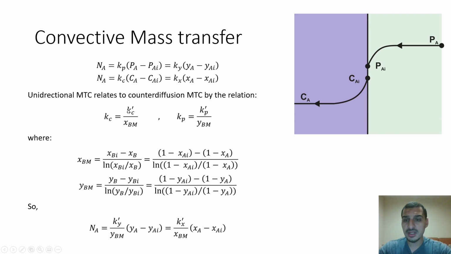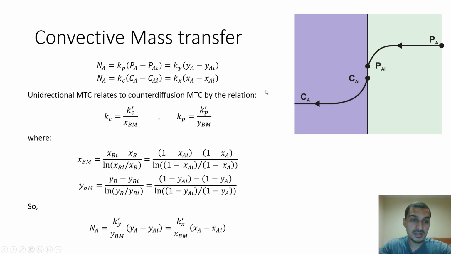So there is a relation that can relate the mass transfer for equimolar diffusion to the unidirectional mass transfer, which is Kc equals Kc dash divided by xbm, and Kp equals Kp dash divided by ybm. This can be applied for Kc and Kx, and this applied for Kp or Ky. It doesn't matter. In this case, we have the xbm and ybm.